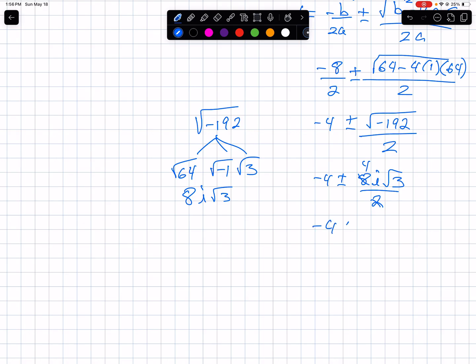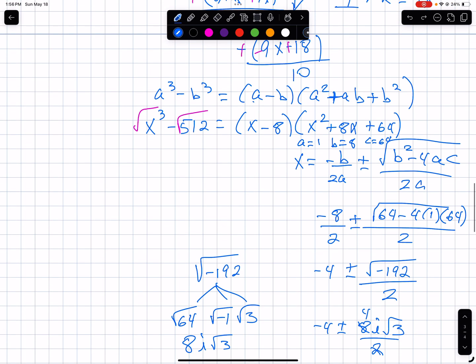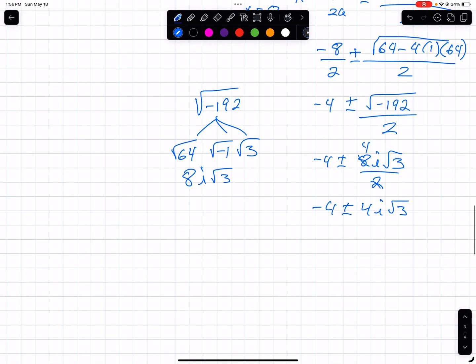So it's negative 4 plus or minus 4i root 3, and because that canceled, there's no denominator. So remember, we look at the original, it's to the third power. So we need 3 answers. That's only 2 answers. My third answer is by setting that parenthesis equal to 0. So x equals 8. So your 3 answers are x equals 8 and negative 4 plus 4i root 3 and negative 4 minus 4i root 3.